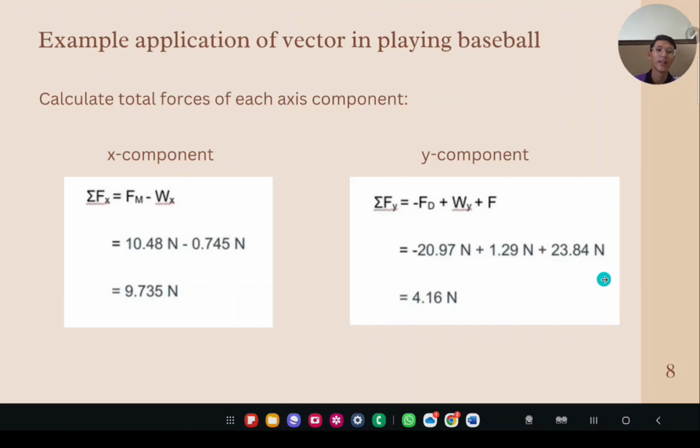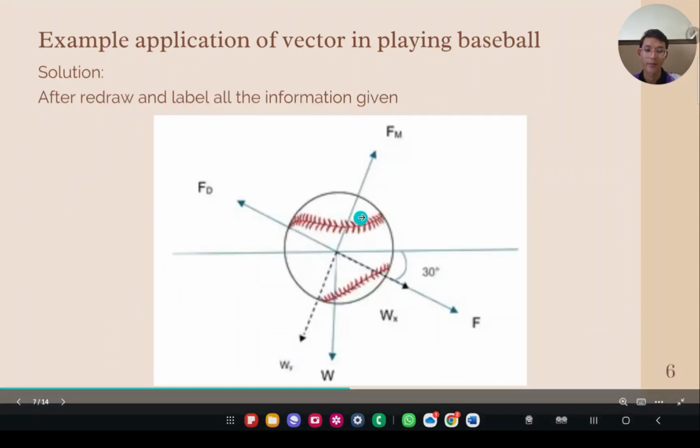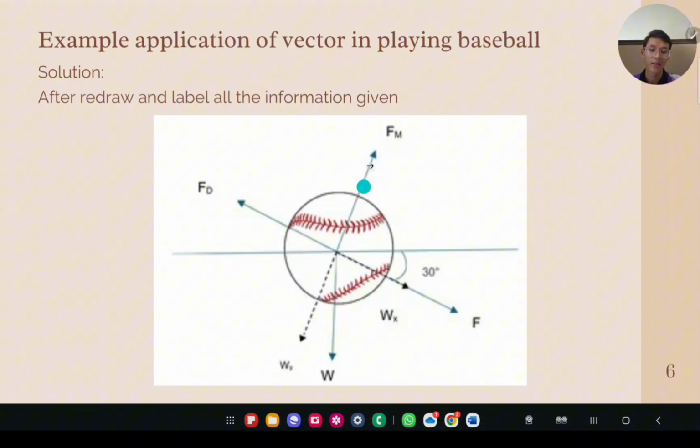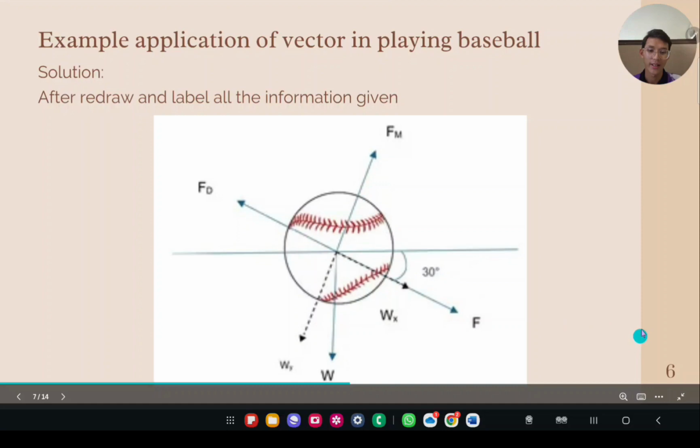So next, calculate. The next step is to calculate the total forces of each axis component. So we get here the W in the y axis and W in the x axis, so we can calculate the force in the x axis and y axis.